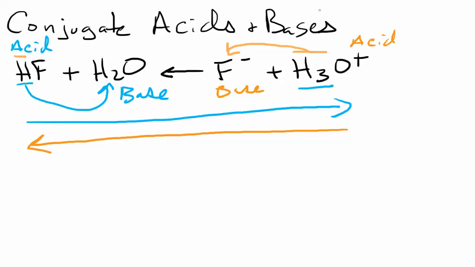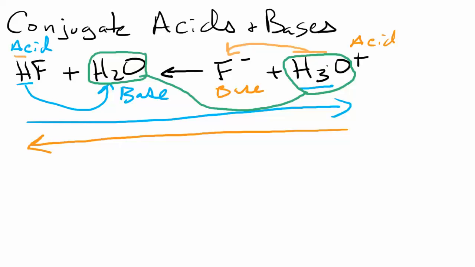But let's actually follow these through. Let's follow the actual molecules through. The water molecule right here is literally the hydronium molecule on this side. Now why is this important? Because look what's happening. If you're going in the original direction, water starts out as a base and it becomes hydronium.